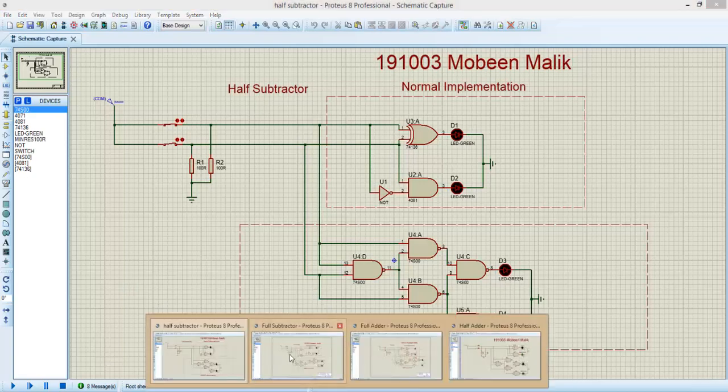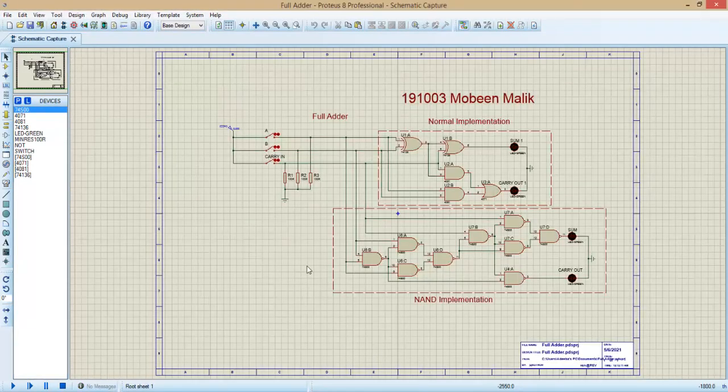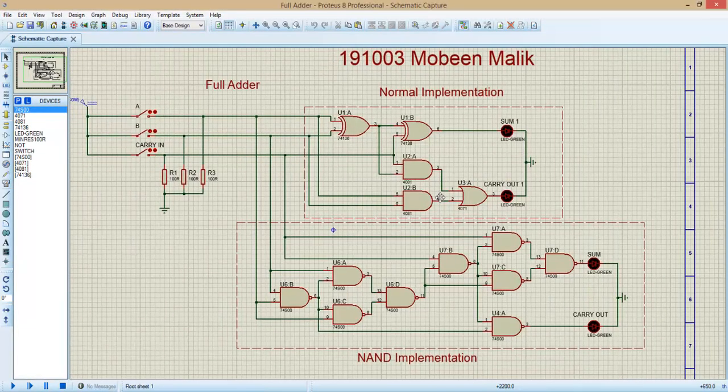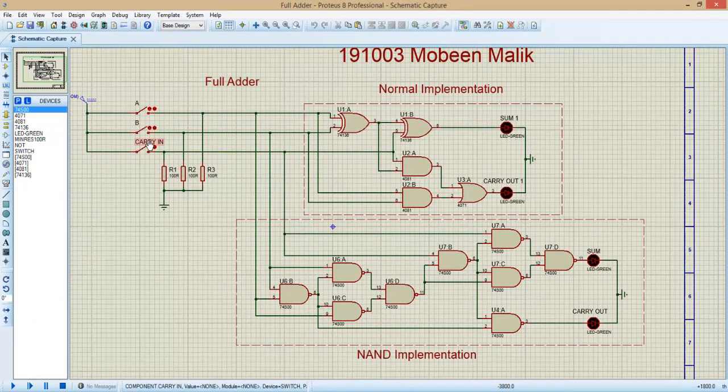The next circuit is of a full adder. Now this is the full adder circuit. This is the carry in input, this is the first input A, and this is the second input B. This LED represents the sum, and this represents the carry. Same goes for here, as you can see they are labeled.